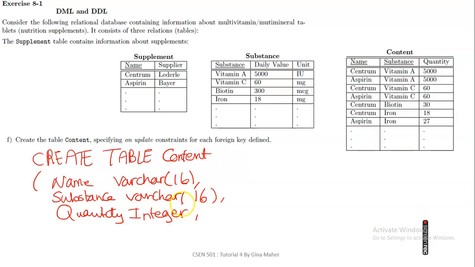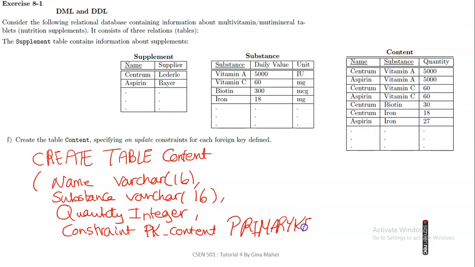Okay, now we have two primary keys, which is the name and the substance. We should write that these are primary key. We can do so by writing constraint primary key content, primary key, and specify the attributes that should be considered as a primary key.